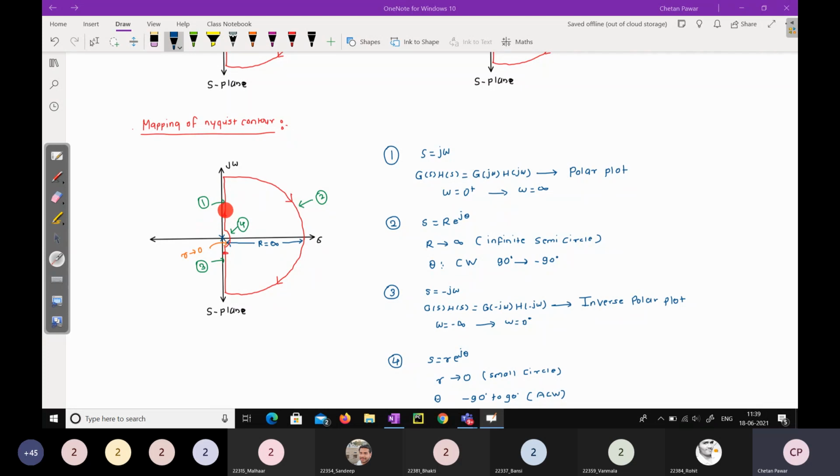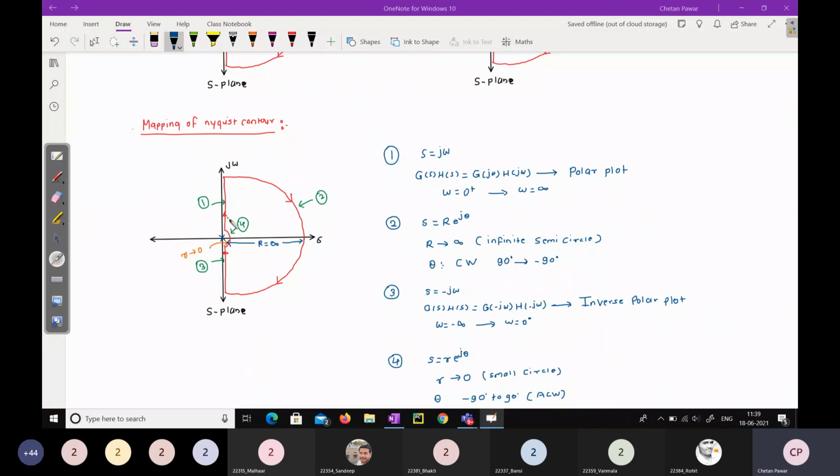The first region is this line. On this line, S is equal to j omega, but here omega starts from 0 and ends at infinity.